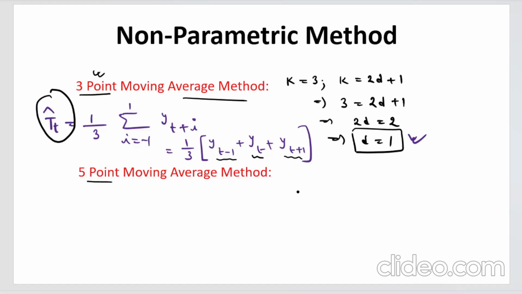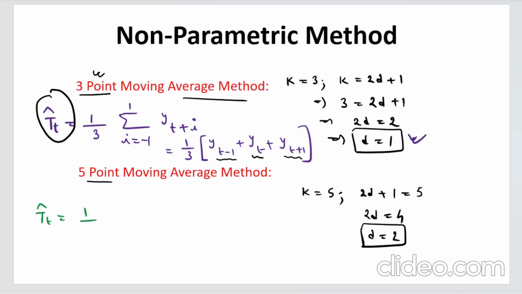Similarly, you can do this for 5 periods. So k is 5 now. So 2d plus 1 is 5. So 2d is basically 4 and d value is basically 2. So what you will do here, simply t cap will be 1 by 5, sum of yt plus i. I hope you got the process now.